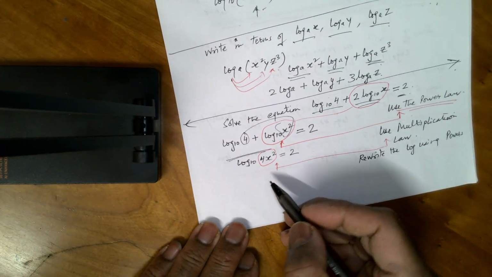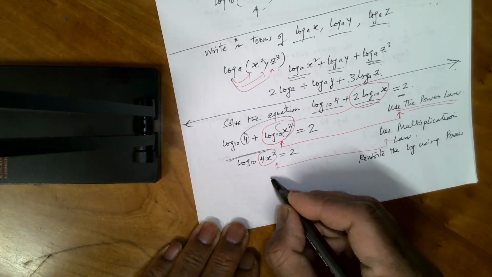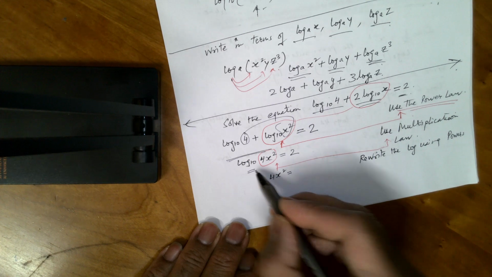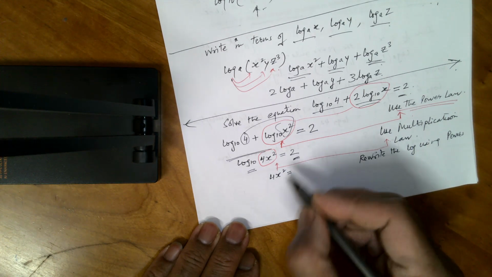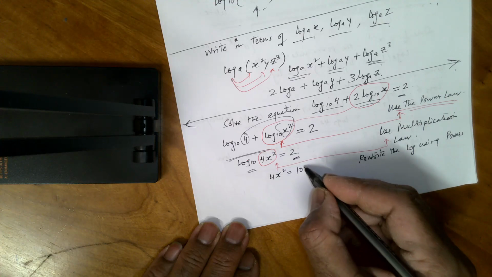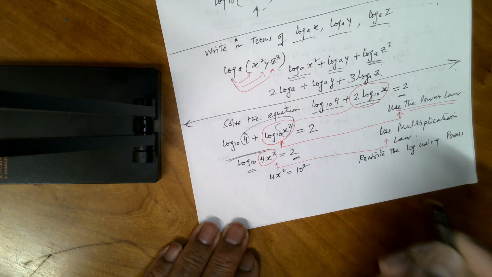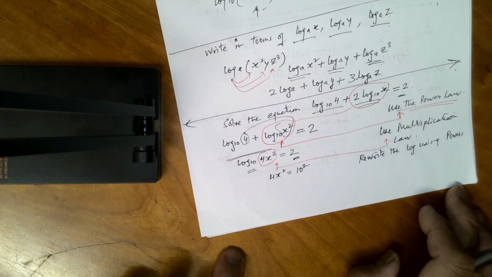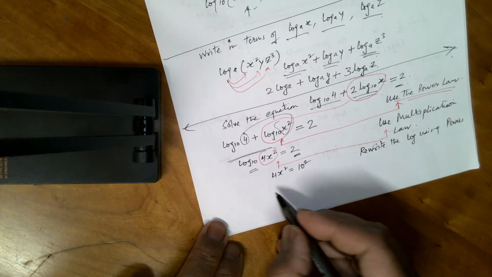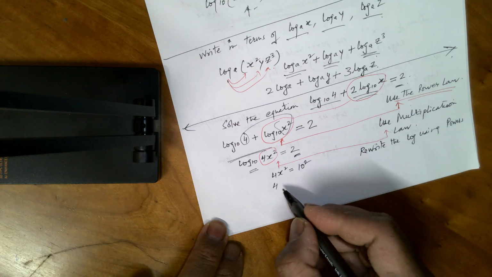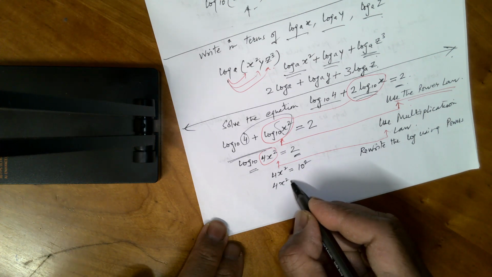That can be written as 4x squared, and that's your base 10 here. So that can be written as base 10 to the power 2, 10 to the power 2. Just remember this, and then obviously you can quickly solve this one.